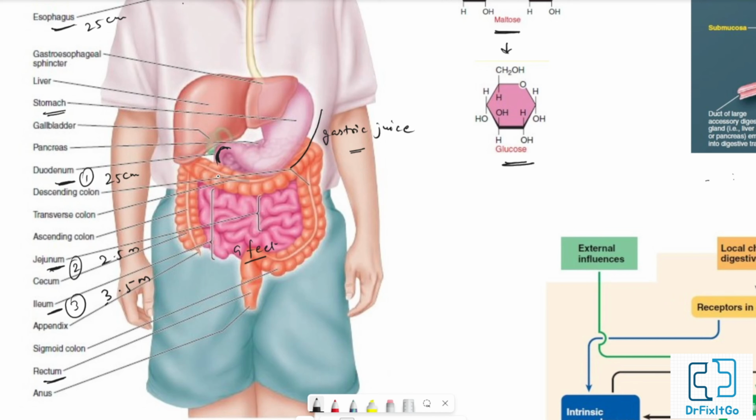Intestinal glands secrete succus entericus. Pancreatic and intestinal secretions are rich in various enzymes that cause digestion of carbohydrates, proteins and fats. Absorption of most nutrients takes place in the jejunum and ileum.